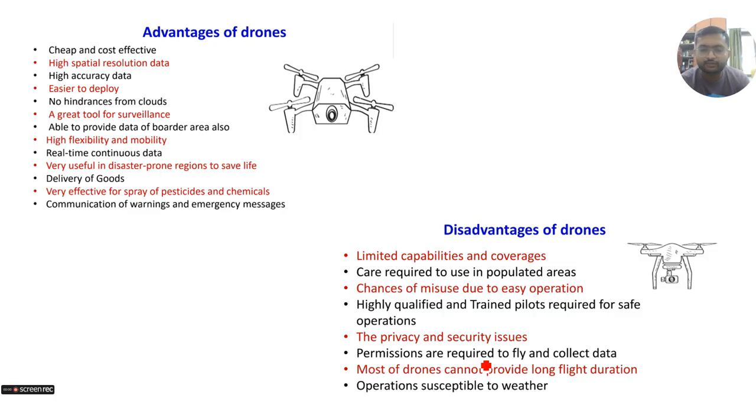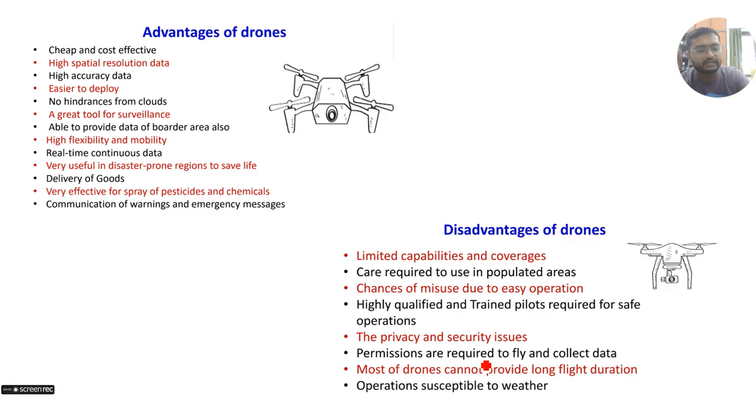Then care is required to use in populated areas. Basically, we should follow the privacy and security issues and other protocols given by the authorities, such as do not fly near airports or near military bases. Then permissions are required sometimes to fly and collect the data.